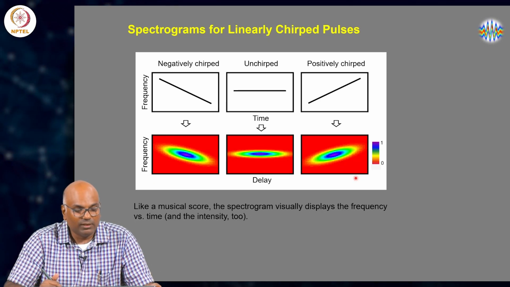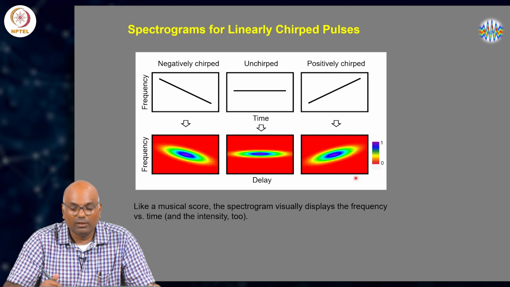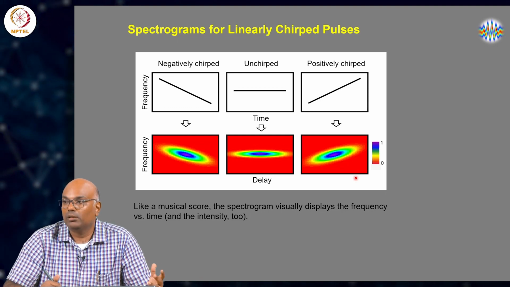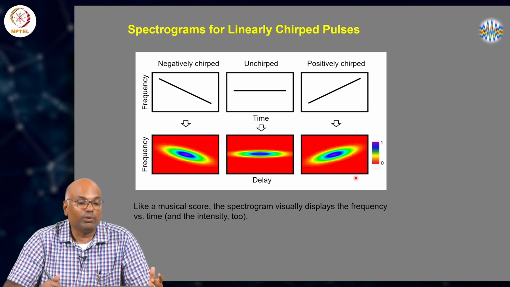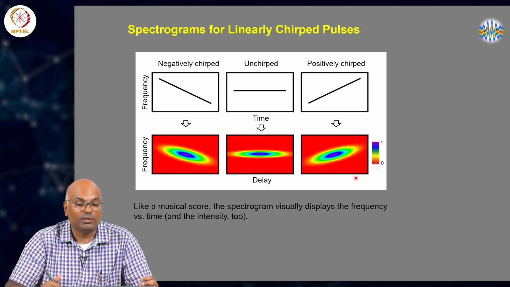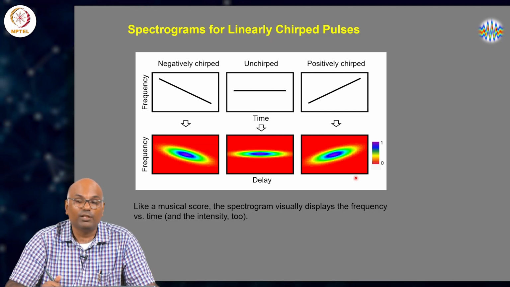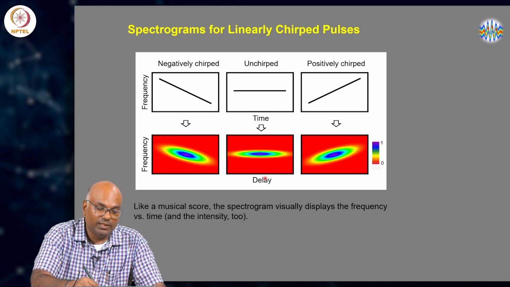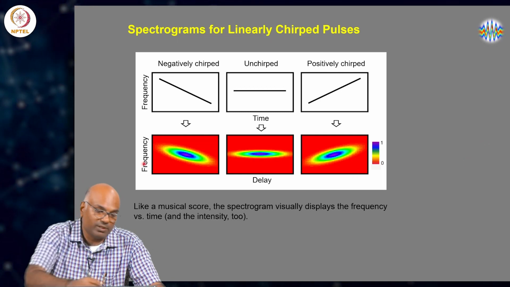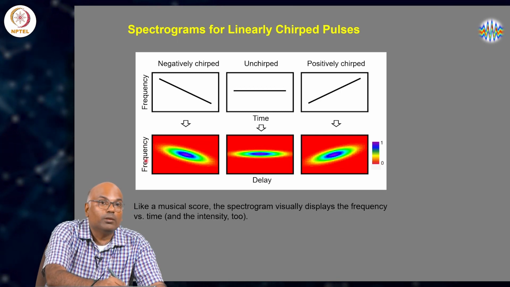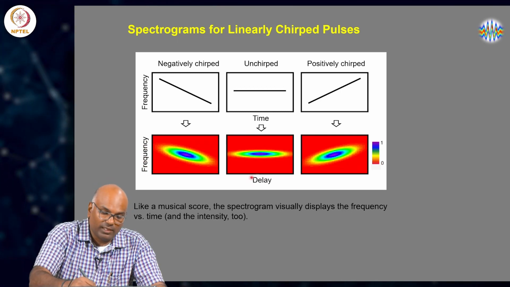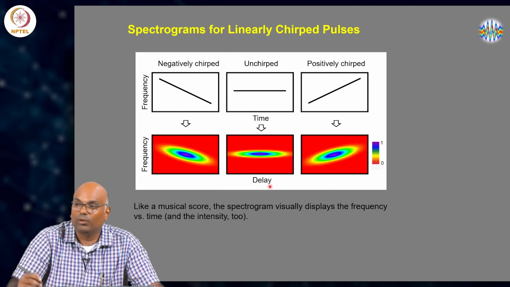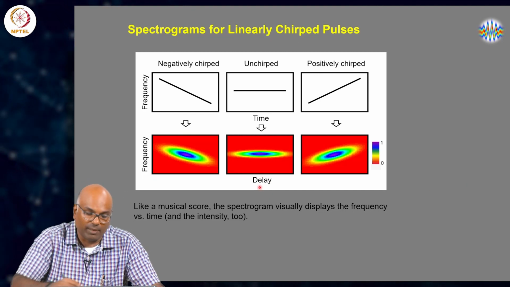Now, these time-frequency maps are a place to go to, because look at the spectrograms for these pulses. If the pulse is linearly chirped, then the spectrogram, remember, is a function of omega on the vertical scale and delay on the horizontal scale. So it is a 2D map.